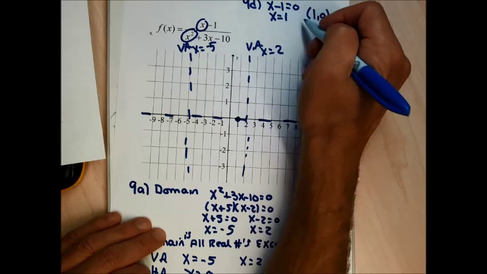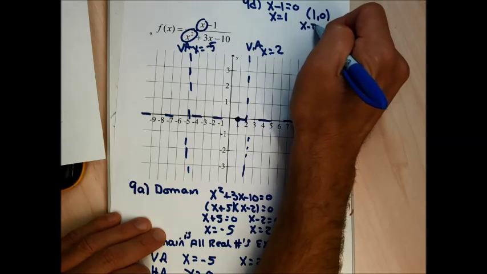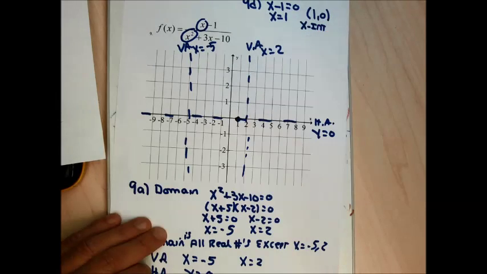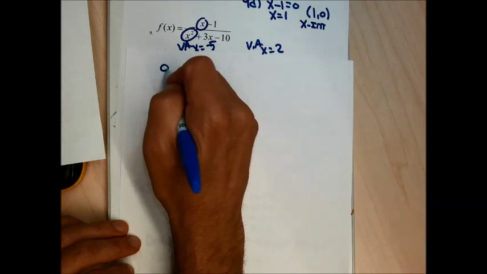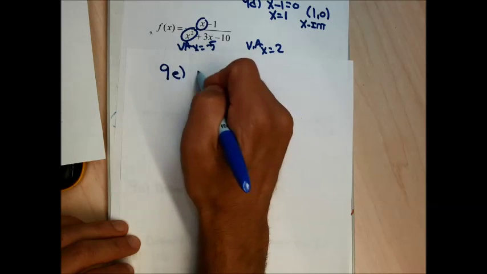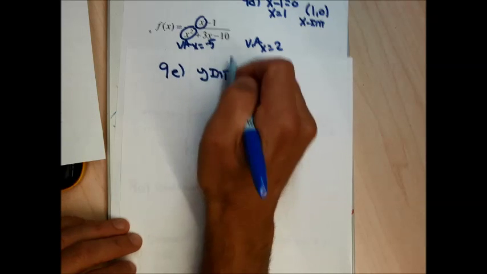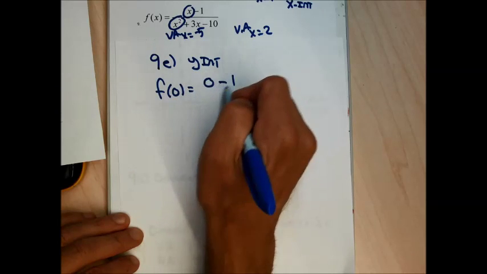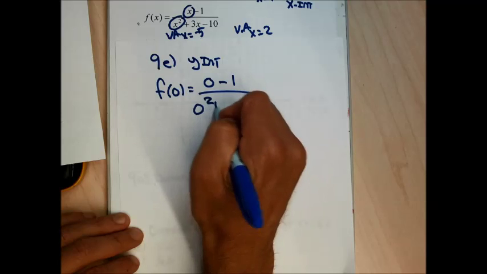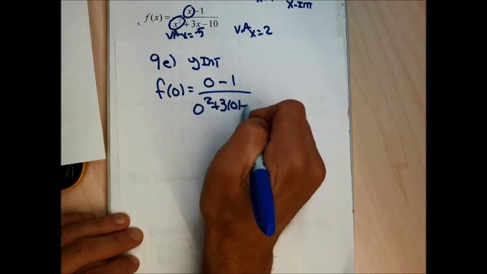For part E, I need to find the y-intercept. And let me just do that on another sheet of paper because it's getting so messy here. So for part 9E, for the y-intercept, I'm just going to plug in 0 for all my x's. So I'm going to get f of 0 equals 0 minus 1 over 0 squared plus 3 times 0 minus 10.